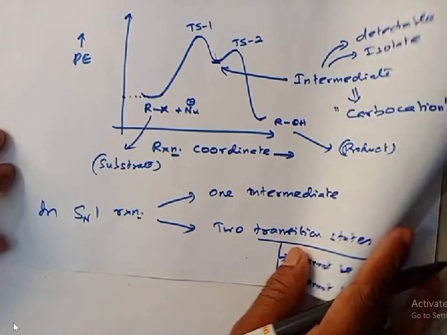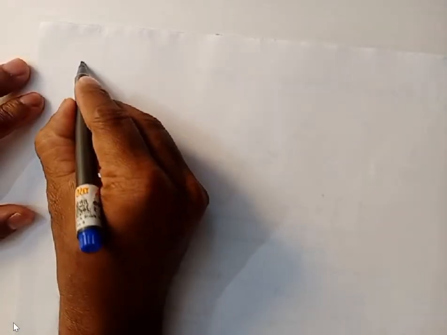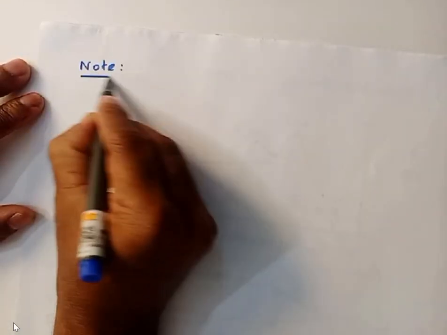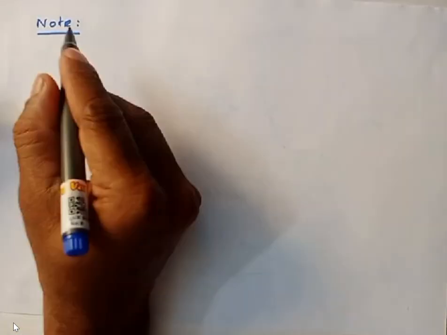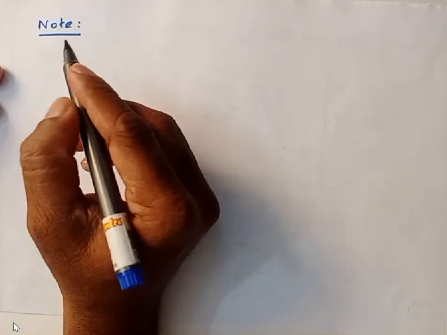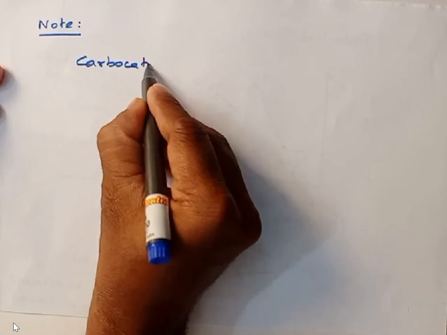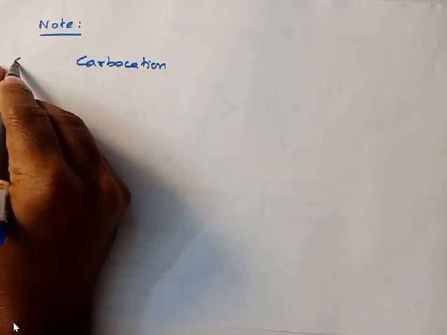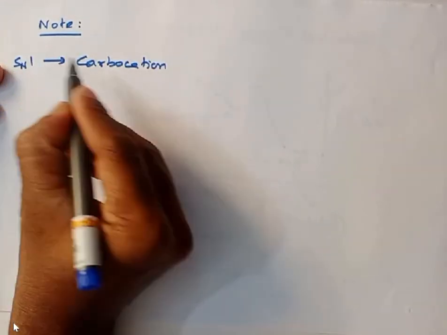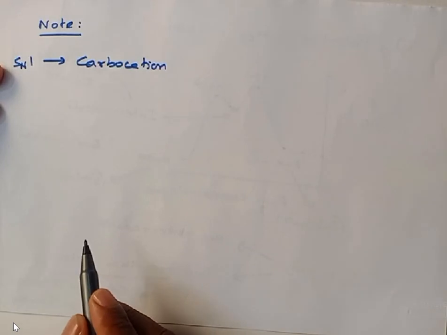Now, here is another important point I would like to say. It's a very important point. See, you are getting a carbocation, right? In the SN1 reaction we get a carbocation. Students, you should keep this in mind.